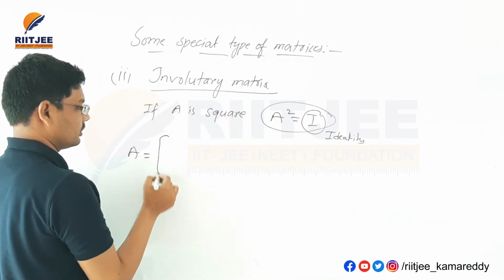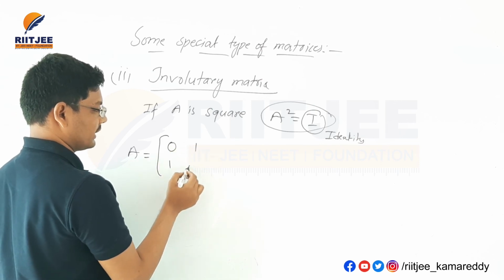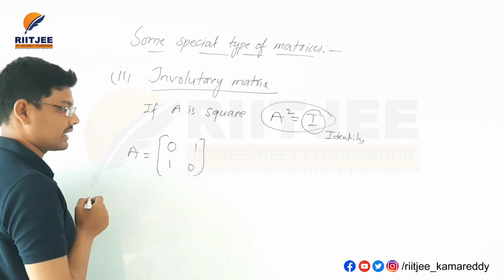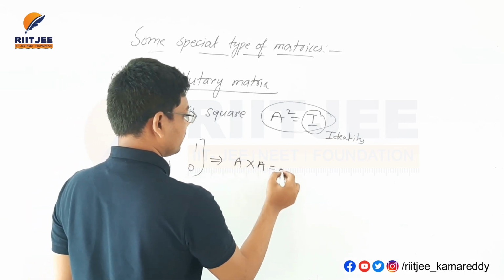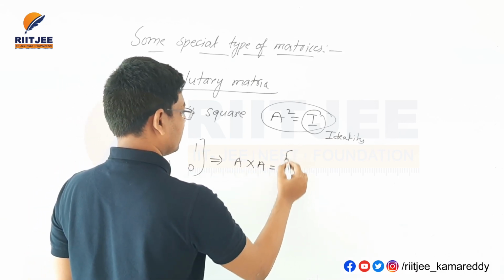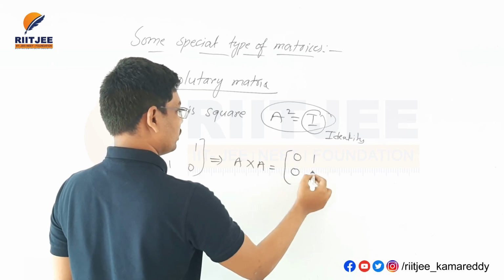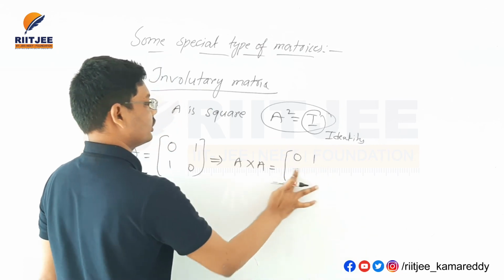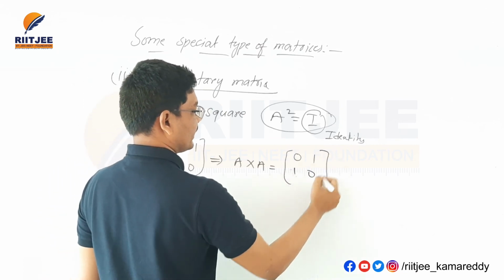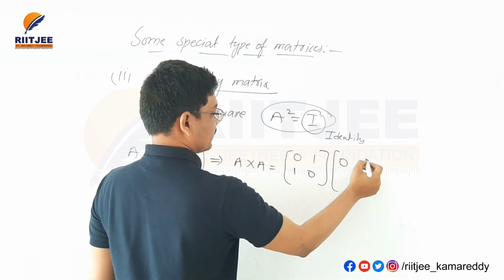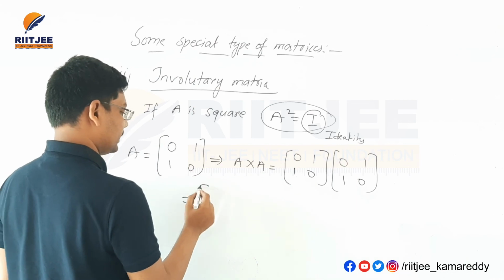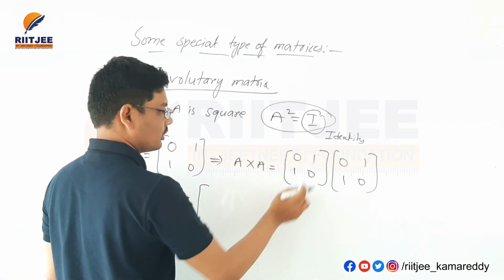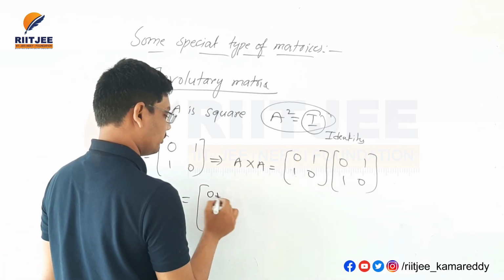A is here 0 1 1 0. I am taking this as one of the examples. If you multiply A into A again, that implies A square, 0 1 1 0 and again the same matrix 0 1 1 0. Multiply these two matrices: 0 into 0 is 0, 1 into 1 is 1, 0 plus 1.